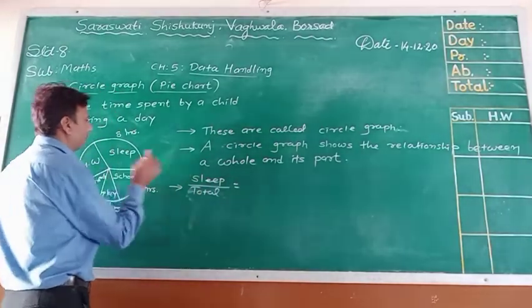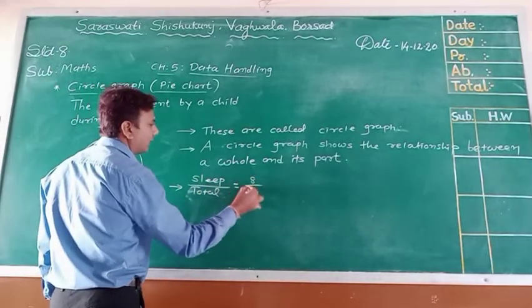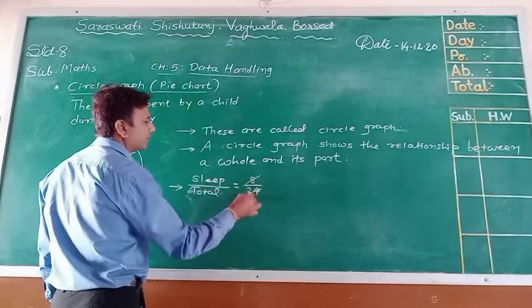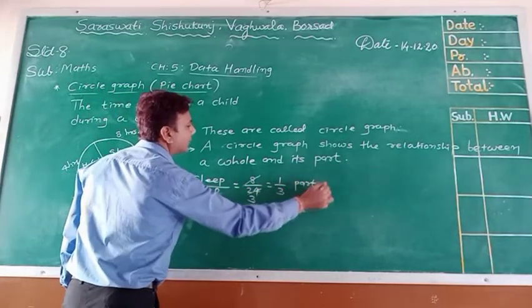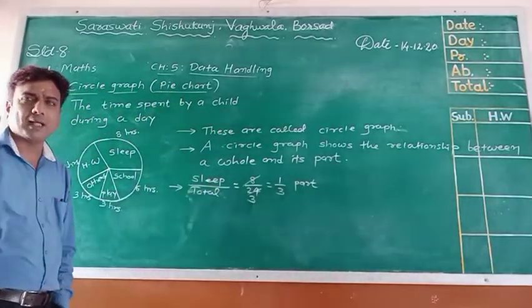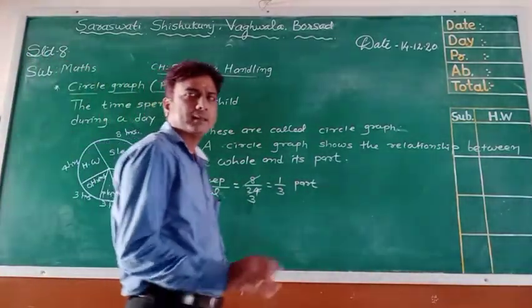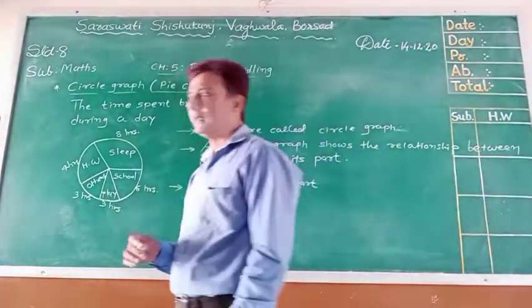Sleeping hours is 8 and total hours is 24, so it is 1 by 3 part. That means 1/3 part of the whole day is spent sleeping.